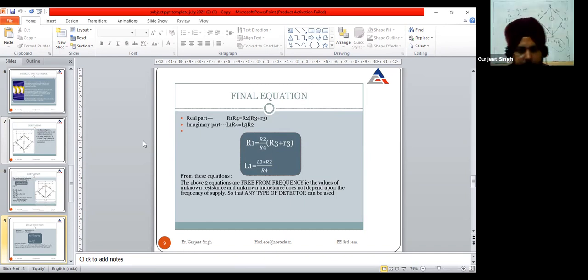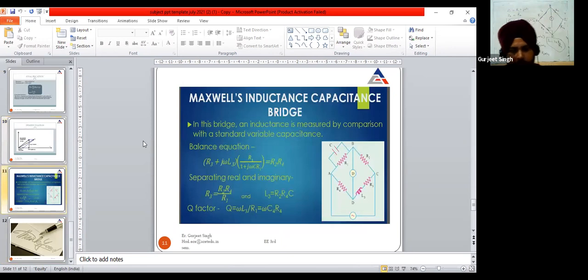Next is the modification of this, the Maxwell inductance capacitance bridge. What is new in this bridge? We have used the capacitor also. It means we will find the value of the unknown inductance by comparing it with the capacitance value. This is the major difference between the Maxwell inductance bridge and the Maxwell inductance capacitance bridge.